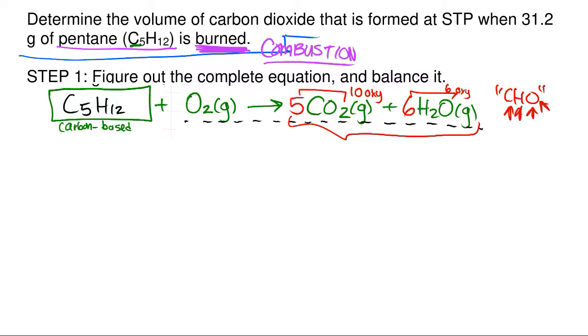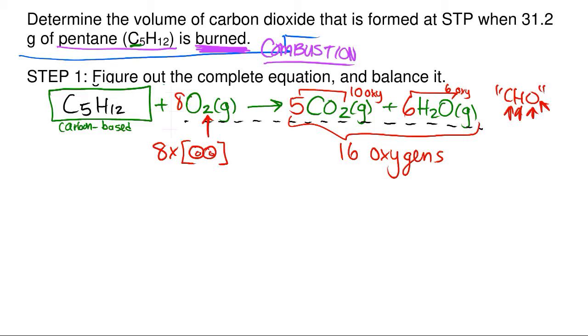That's a total of 16 oxygens on the right, which means I have to get 16 oxygens on the left from O2. Remember, you don't add, you're multiplying. So if each of these is an oxygen, in order to get 16, I'm going to need 8 of these. So I'm going to put a big 8 there.